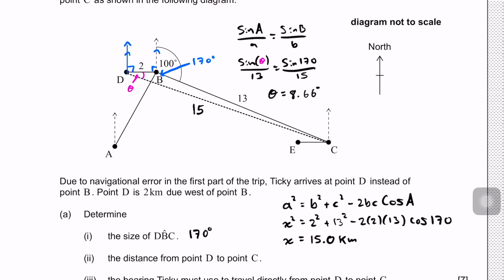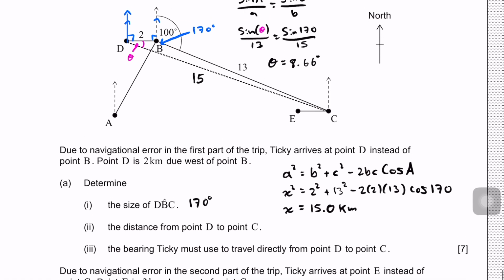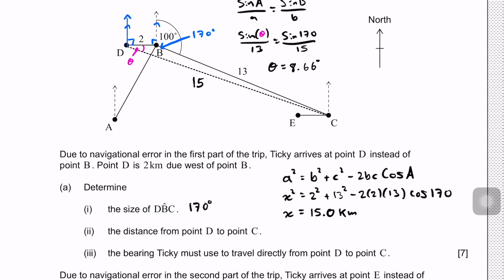Well, if this is 90 and this is 8.66, the total bearing that this individual would need to sweep through would be 90 plus 8.66, which is equal to 98.66, or 98.7 degrees. And that would be the angle that she would need to sweep through.